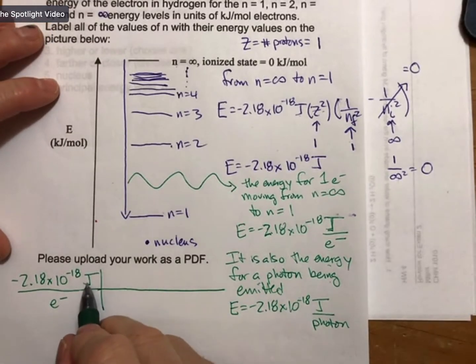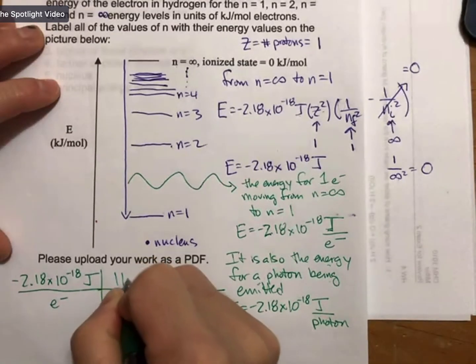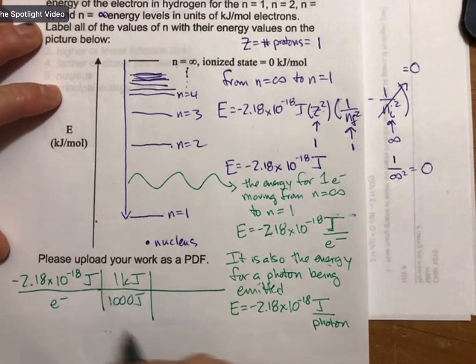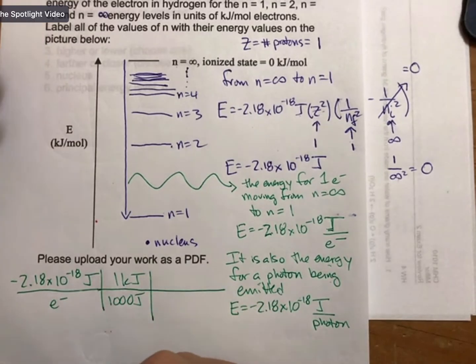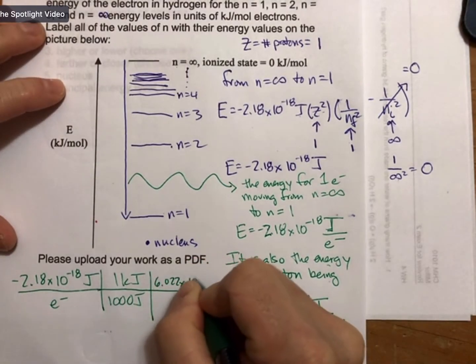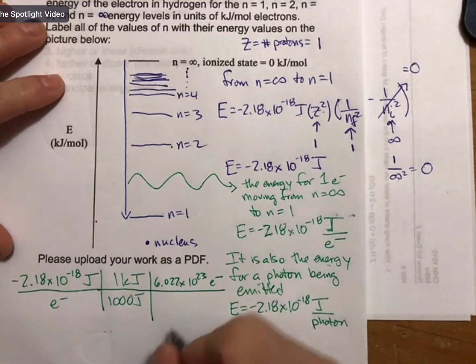And for joules to kilojoules, I know that 1,000 joules is 1 kilojoule. And I know that 6.022 times 10 to the 23rd electrons equals 1 mole of electrons.